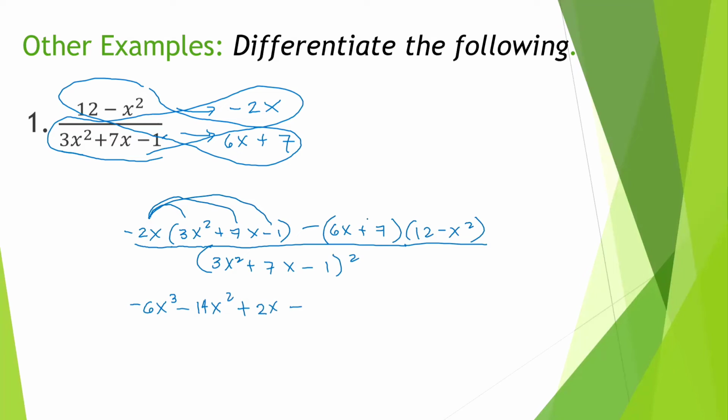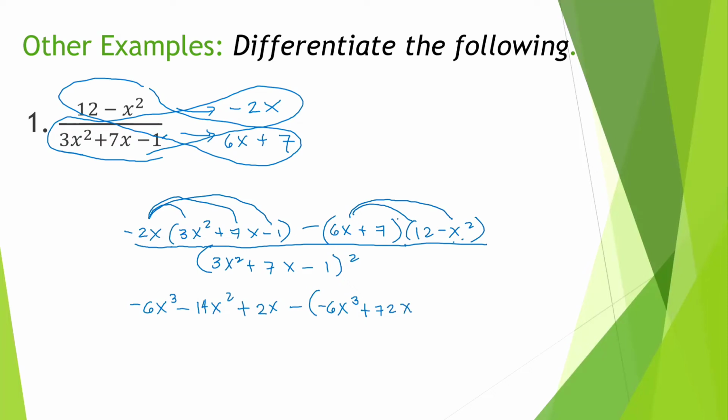And then for the other product, we have 6x times negative x squared is negative 6x cubed. Tapos, 6x times 12 will be 72x.